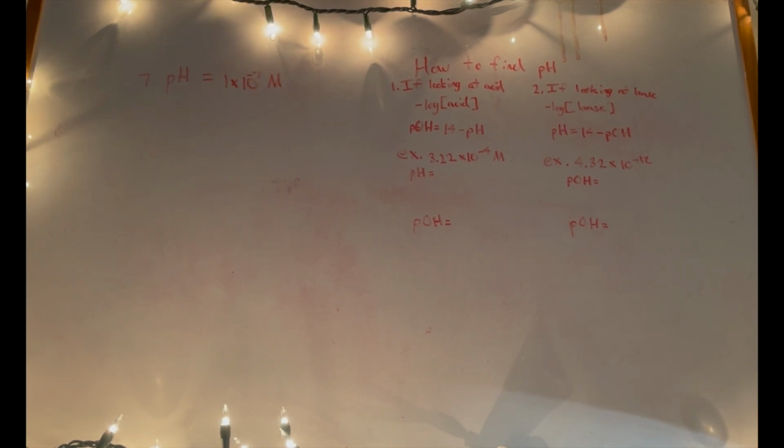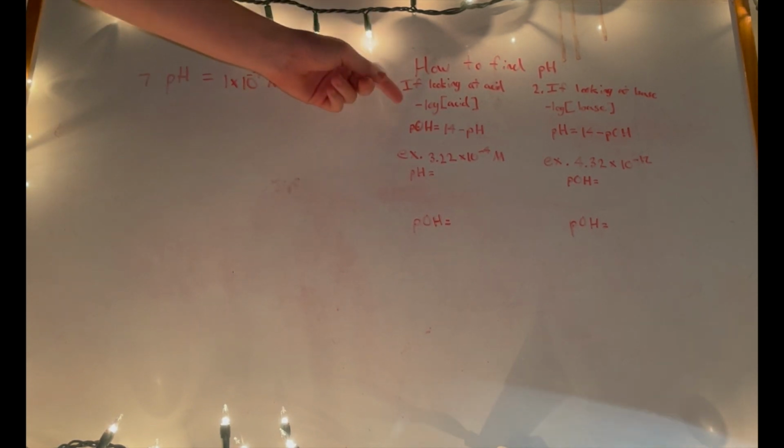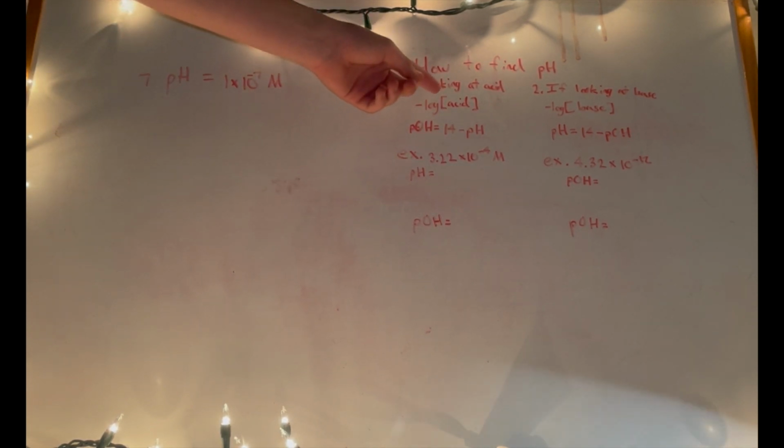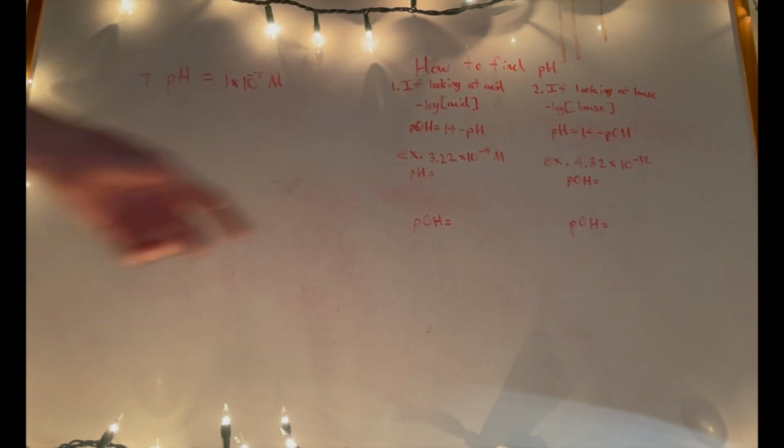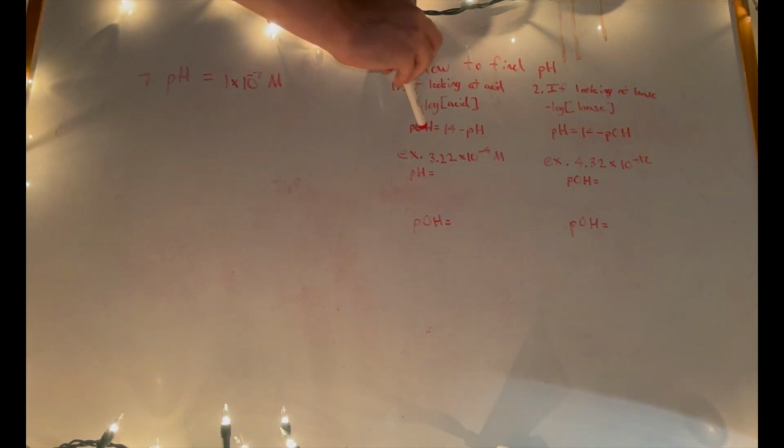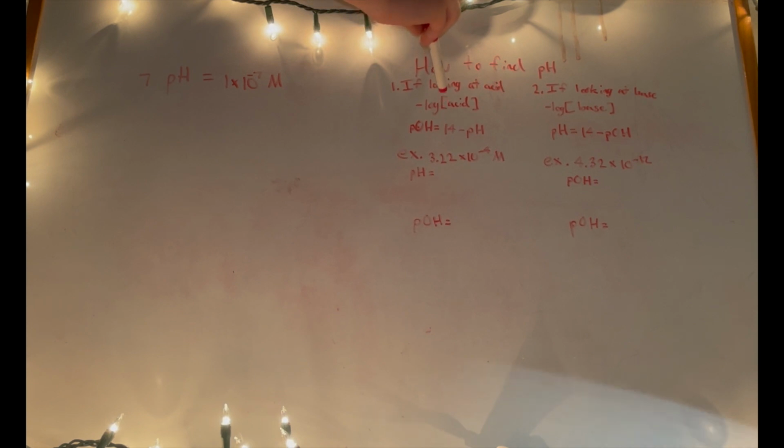This is just because pH is based entirely on molarity of the acid, or basically just the concentration. So if we know the molarity, we can find the pH. And the way we would do that for an acid is just negative log of the molarity of the acid, which would give us whatever the pH is.